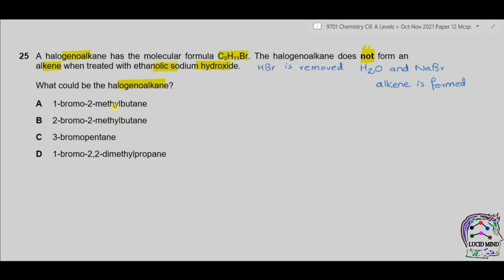First one is 1-bromo-2-methylbutane. So we have 4 carbon atoms in the long chain. On the first carbon atom we have a bromine atom, Br. On the second carbon we have a methyl group.